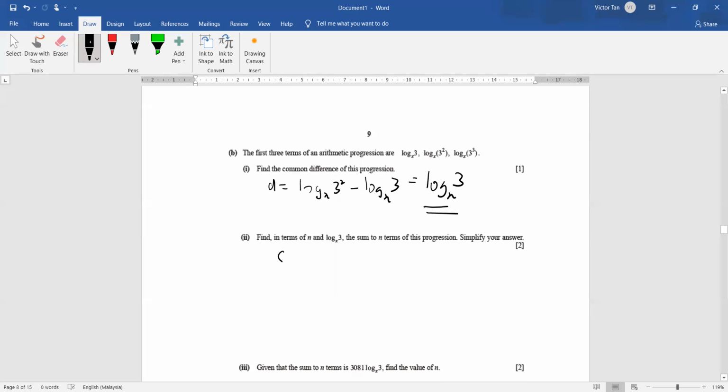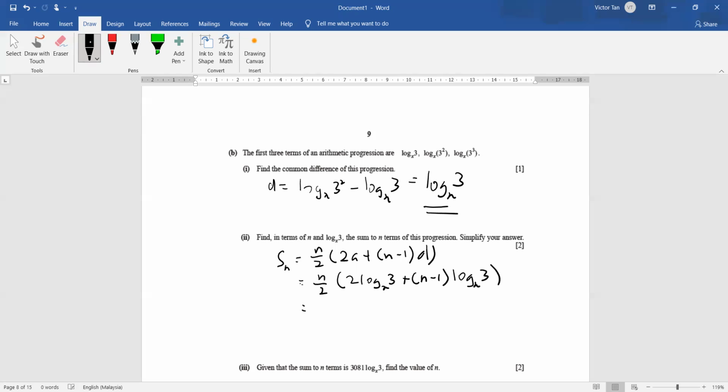That's n over 2, 2a plus (n minus 1)d. It's n over 2, 2 log x3 plus (n minus 1) log x3.